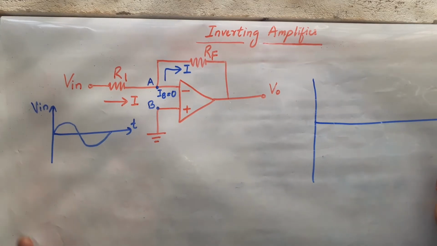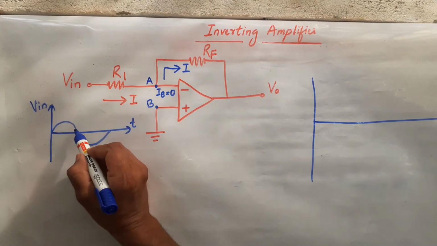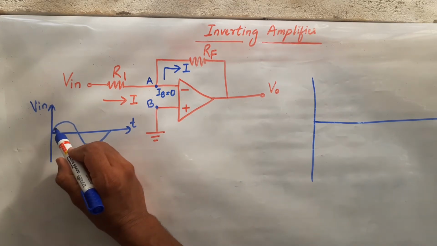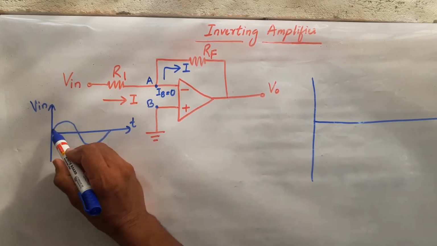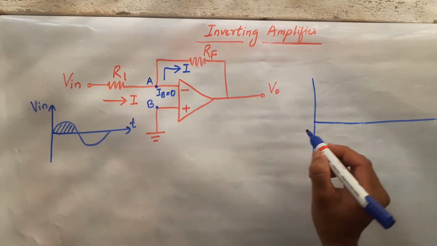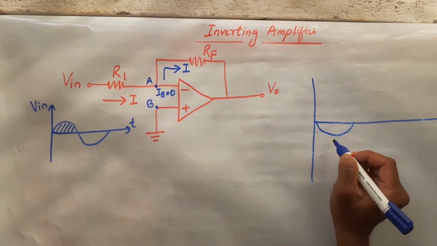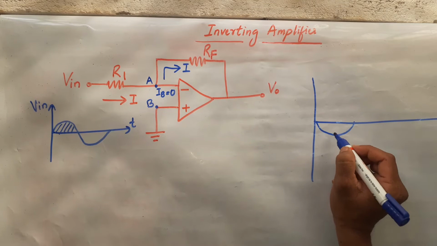Output should be inverted, right? Means if this positive half sinusoidal input I have applied, this positive half cycle will come like this. It will appear here like this.